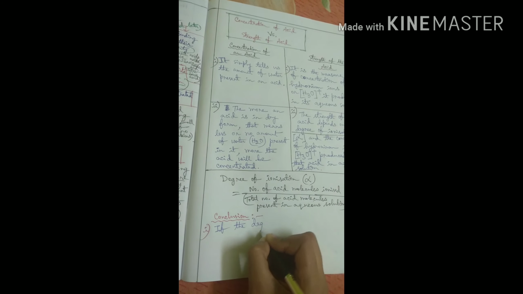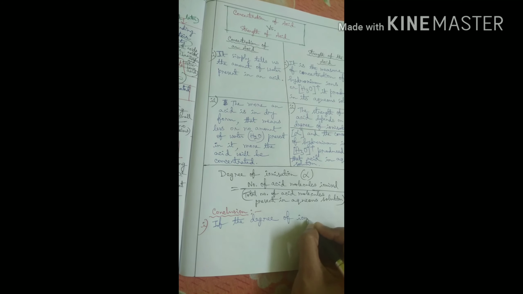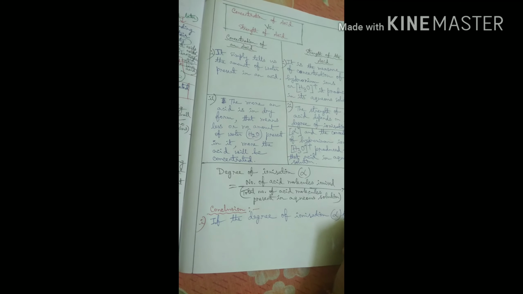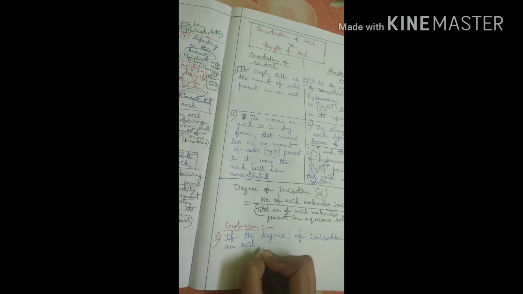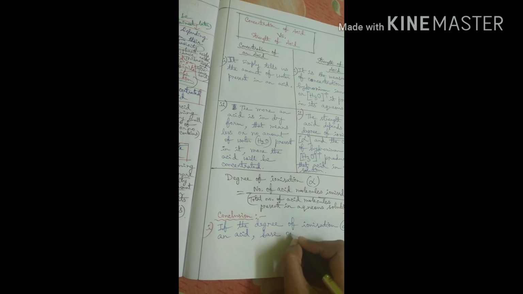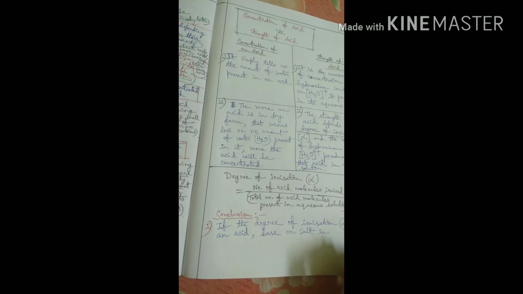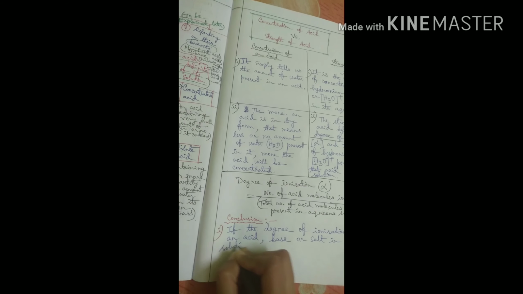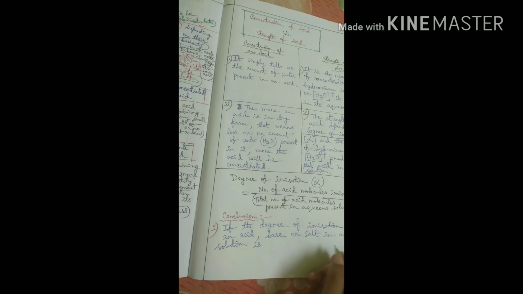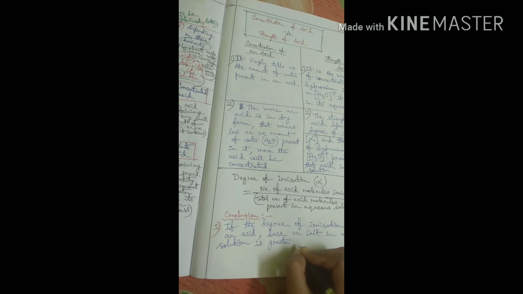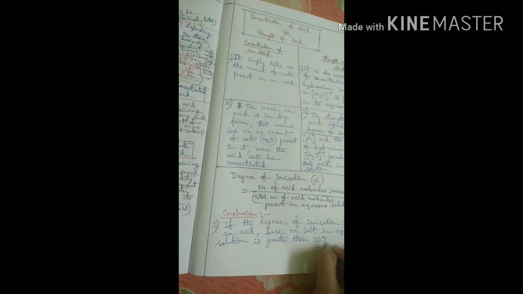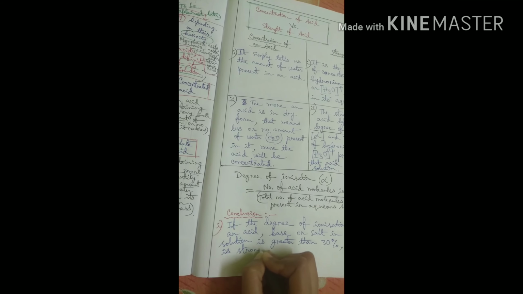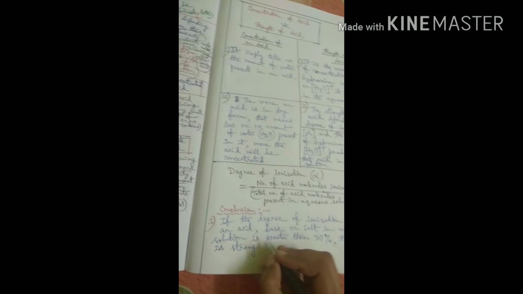If the degree of ionization, or alpha, for an acid or base or salt, any substance in its aqueous solution, is greater than 30%, then it is a strong acid, strong base or strong salt.